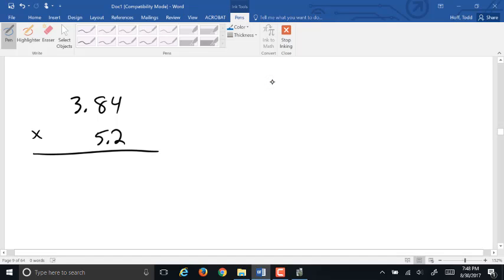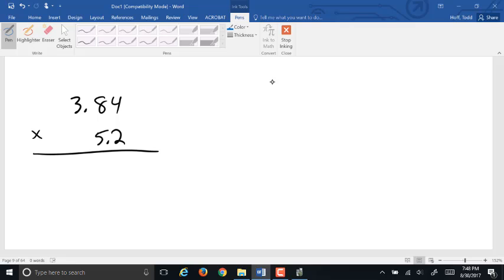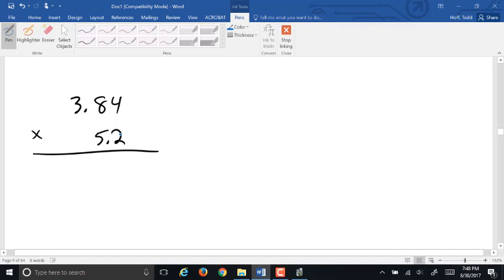When we multiply decimals, we totally ignore the decimal point. In fact, you can see I didn't even bother to line up the decimal point here. The reason being is when we multiply and when we divide, we don't need the same name. So we don't have to worry about lining up the decimal point.